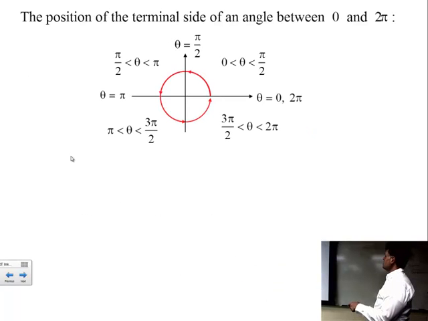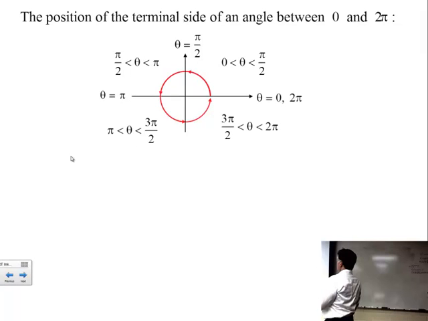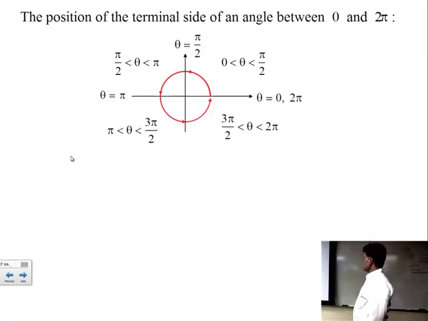All right. So here we chop up the plane into 4 quadrants. These are what the x and y axes do. In the first quadrant, any terminal side in the first quadrant is going to give an angle between 0 and pi over 2. This is quadrant 1, quadrant 2, quadrant 3, quadrant 4, so go counterclockwise from the upper right. So quadrant 2, it's between pi over 2 and pi. Quadrant 3, pi and 3 pi over 2, and then 3 pi over 2 to 2 pi. 2 pi is one complete revolution.